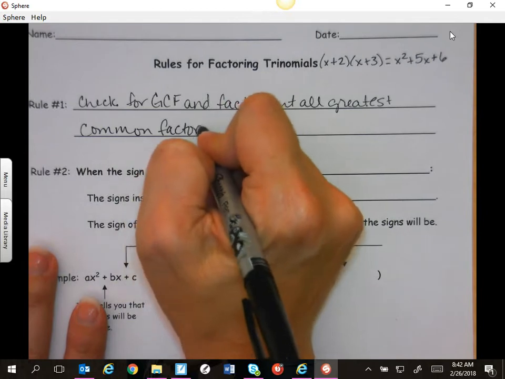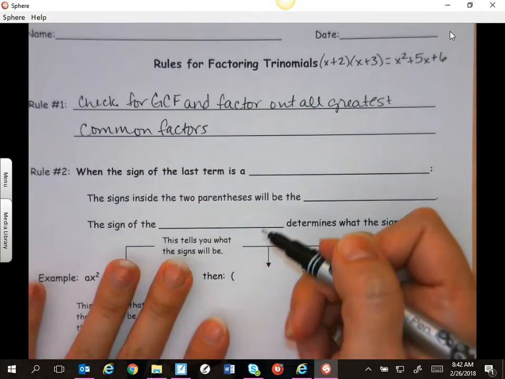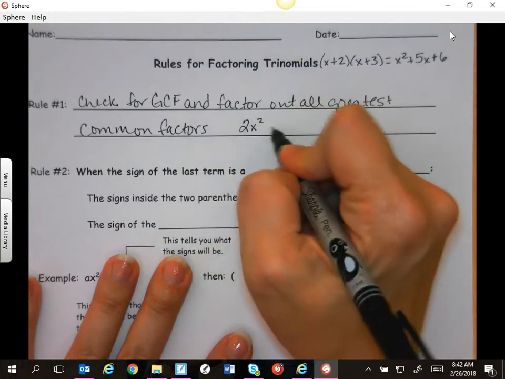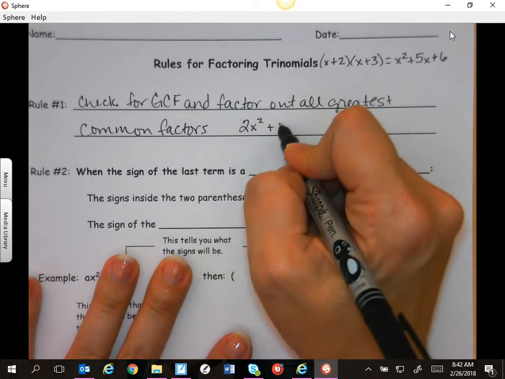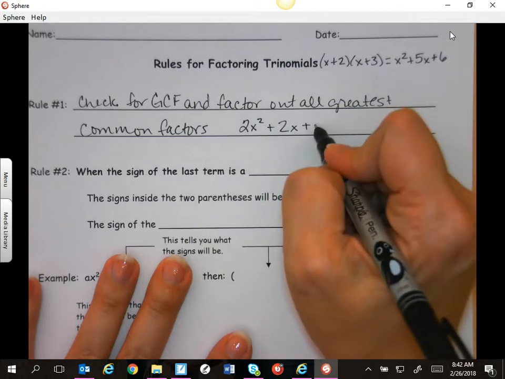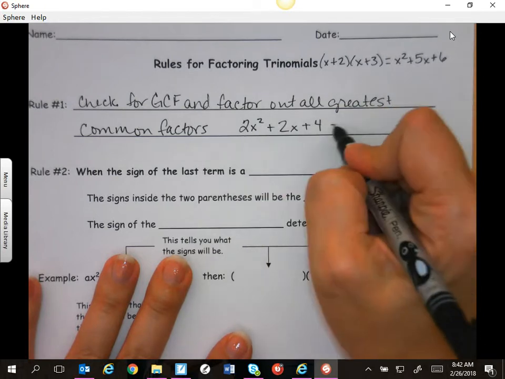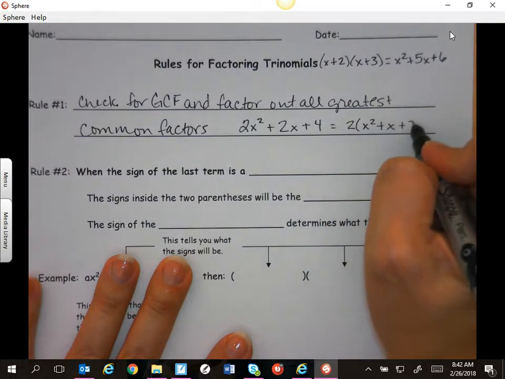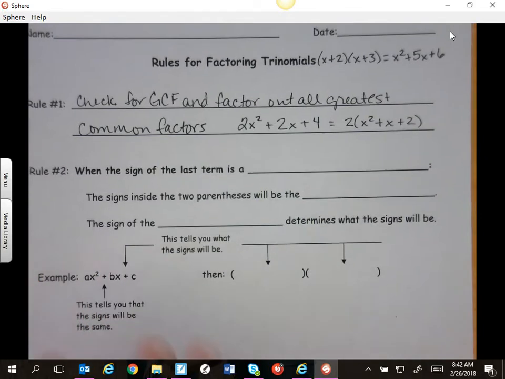So, for example, if I gave you 2x squared plus 2x plus 4, you can see that we have a GCF of 2, so we get 2 times x squared plus x plus 2. So you always want to make sure that your trinomial is simplified as much as possible.